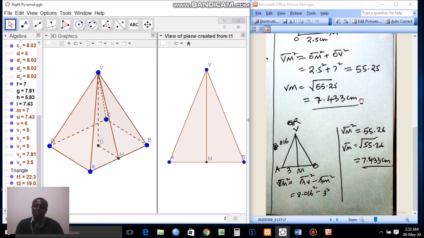So there are two different approaches, as long as your analysis is accurate. And so far so good. We have calculated the lengths of the lines as required in part A of the question. So we move to part B, which requires us to calculate the angles between various lines within the 3D.